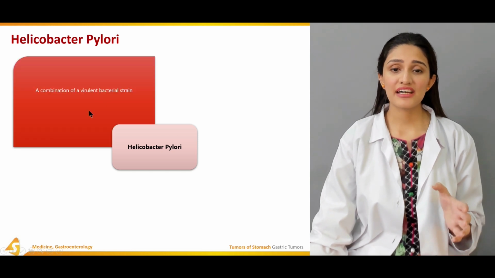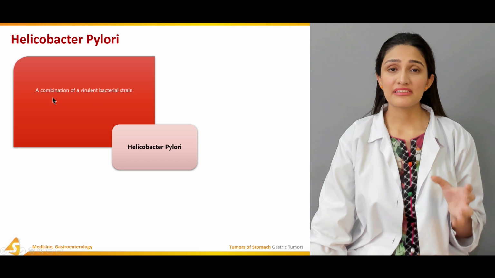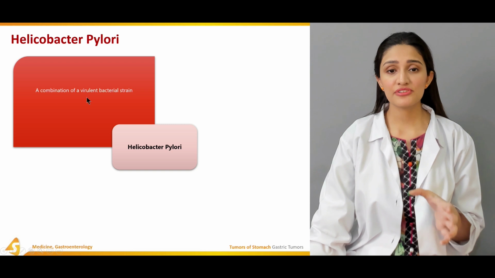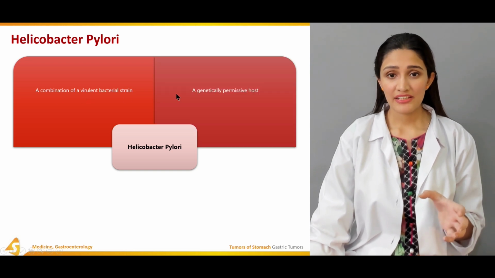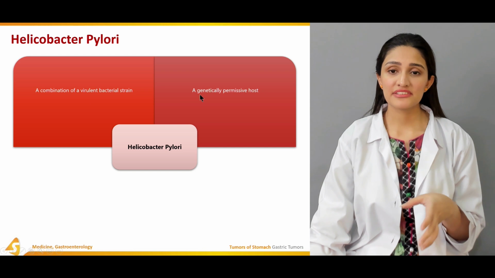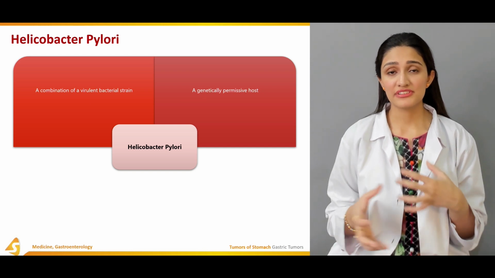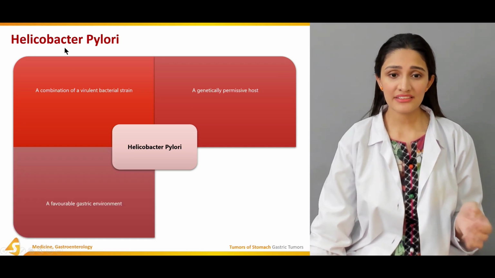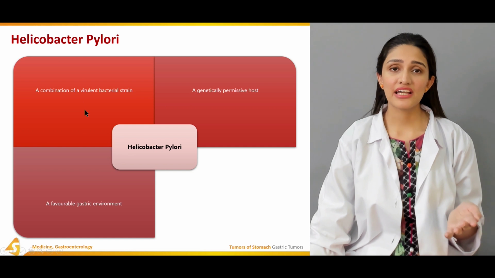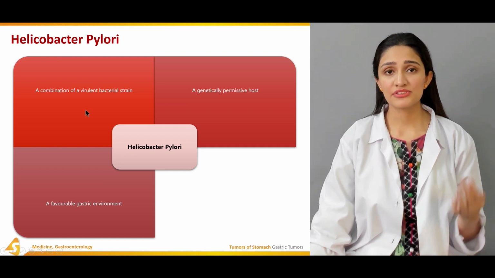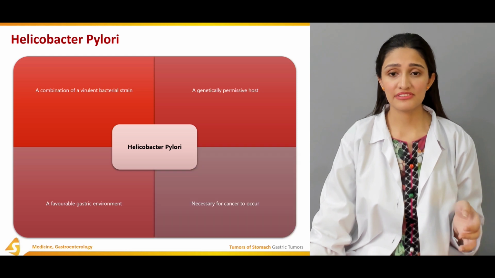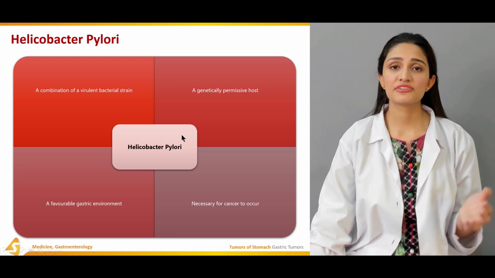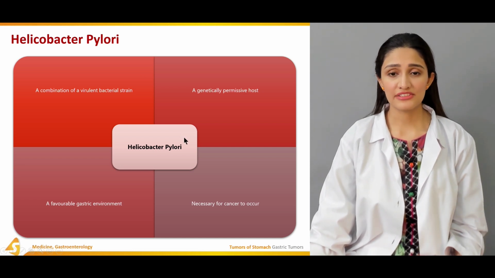What happens is that Helicobacter pylori infection predisposes to gastric cancer as a combination of a virulent bacterial strain with a genetically susceptible host, which allows the infection to invade the host cells. Thirdly, a very favorable gastric environment that helps colonization of Helicobacter pylori. And lastly, all three factors are necessary for the occurrence and development of gastric cancer.